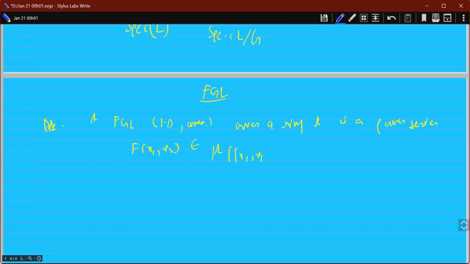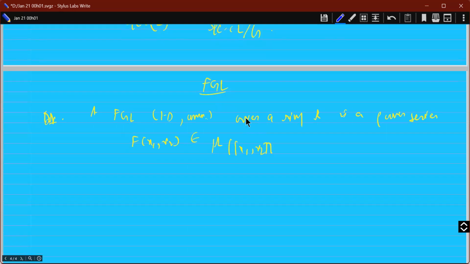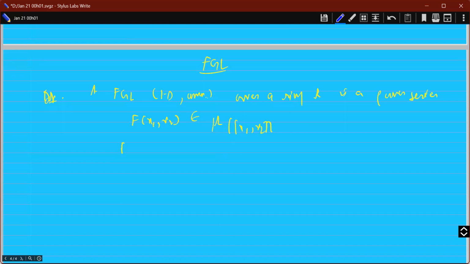And it satisfies the following. There are three conditions: symmetry, and the third one being associativity.